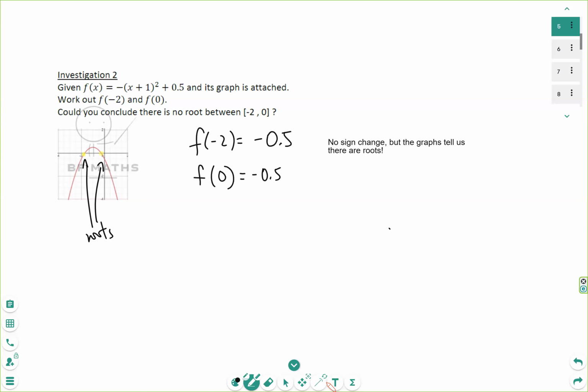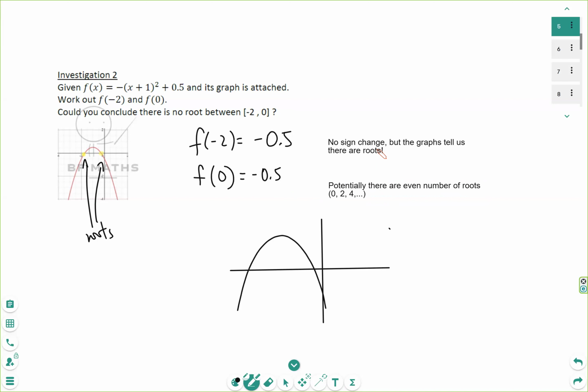It means potentially there are an even number of roots. So it could be 0, could be 2, could be 4, and so on. I'm just using that graph as an example.